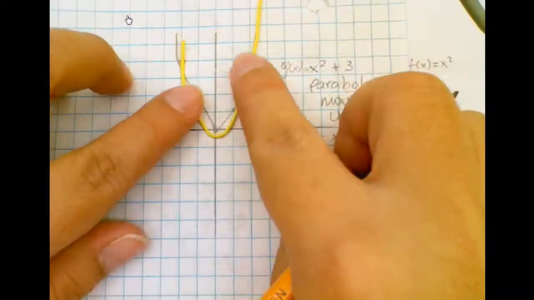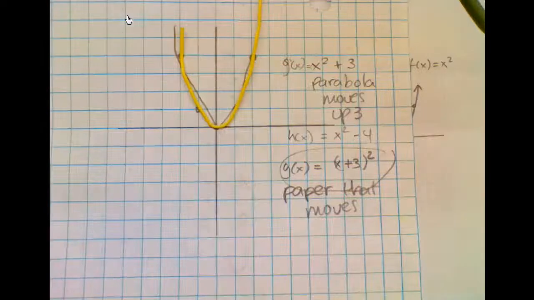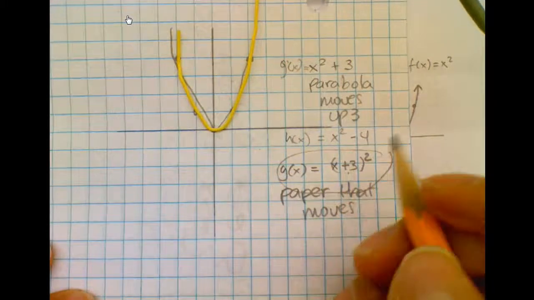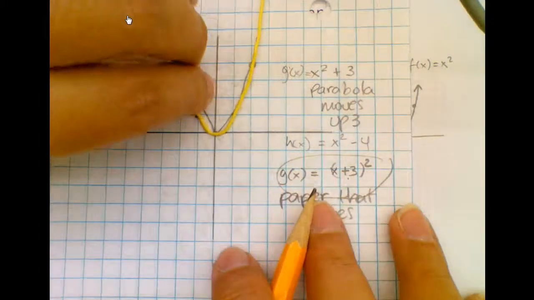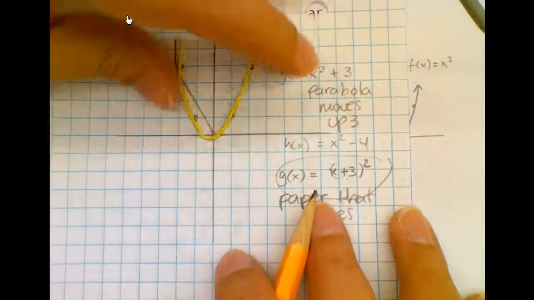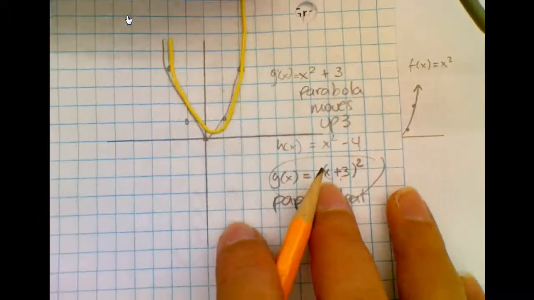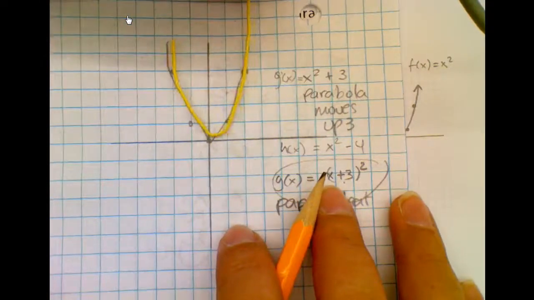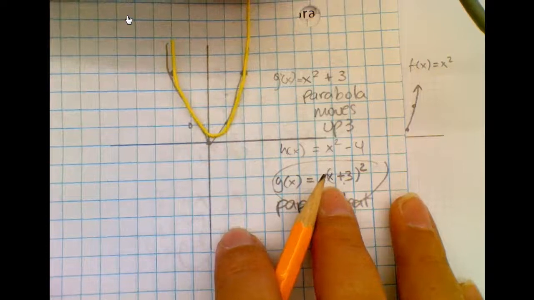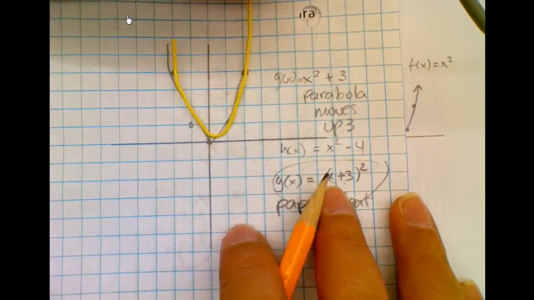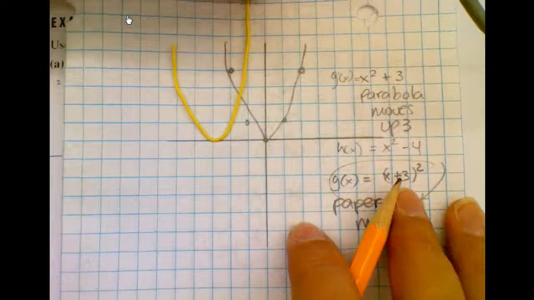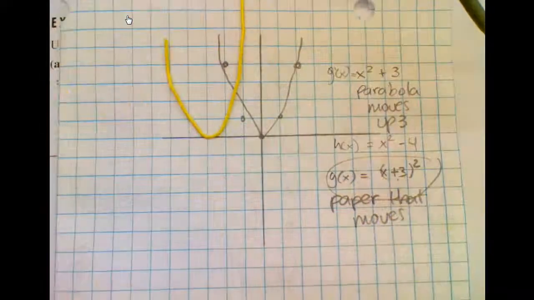I have my paperclip on the original position, that's my parent function, but now my paper is going to move 3 units to the right. So check this out. I'm keeping my paperclip parabola where it is. Well, trying to. Okay, I'm ready. And I'm going to move my paper 3 units to the right, as I said. So 1, 2, 3.